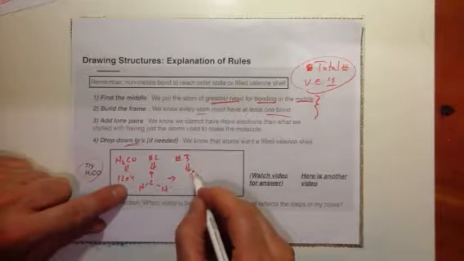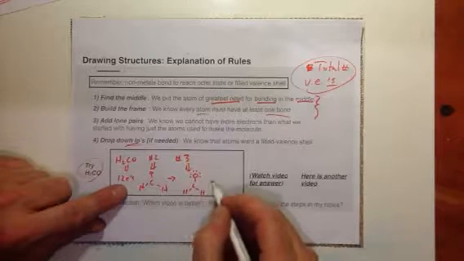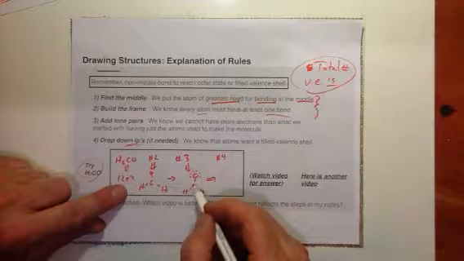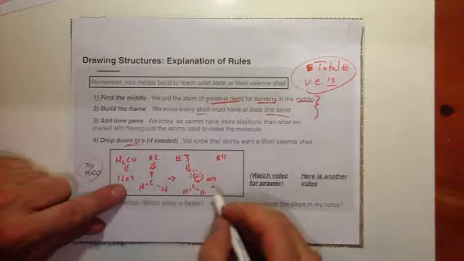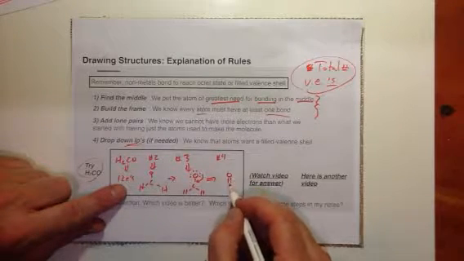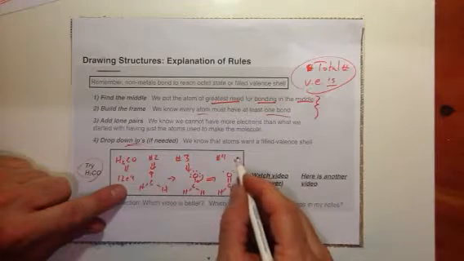So we had, after step 3, something like this. And then after step 4, we knew that we had to drop a lone pair down. We can pick any one of these to make a double bond, because then the carbon would be satisfied. And then we are done.